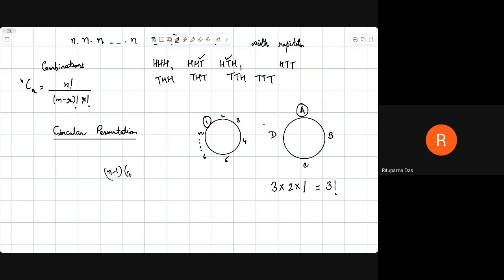Then for 4, n minus 3, and so on. The last one obviously has only one left, which is why circular permutation is n minus 1 factorial, not n. Somebody wrote n in the comments.